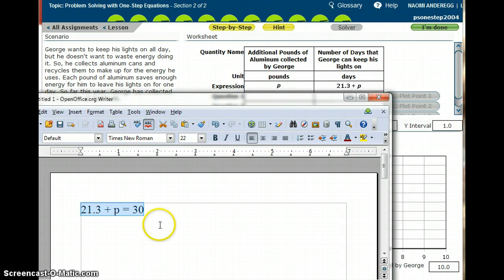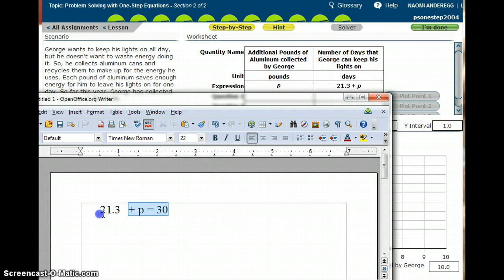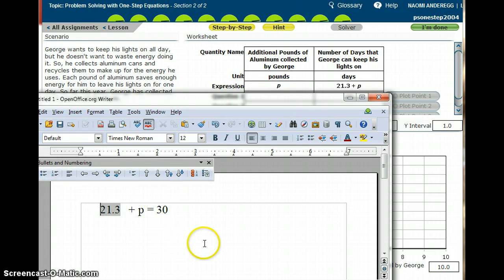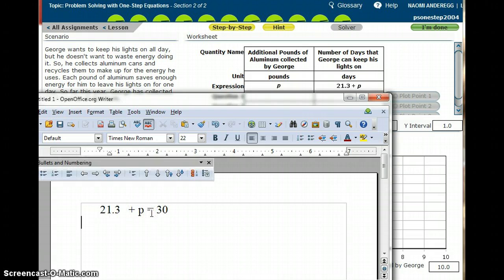We have this equation, 21.3 plus P equals 30. And then we can solve that equation by subtracting 21.3 from both sides of this equation.